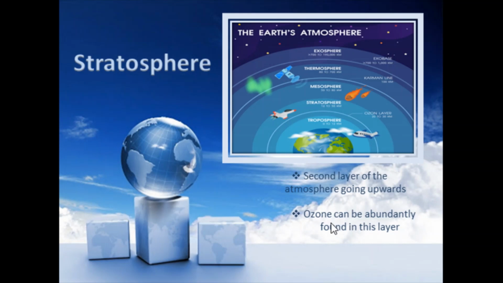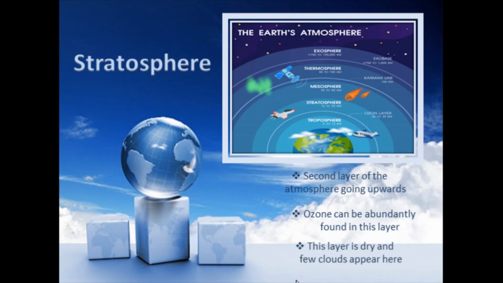In this layer, we can almost see the ozone layer that abundantly produces ozone, which protects the Earth from harmful rays.